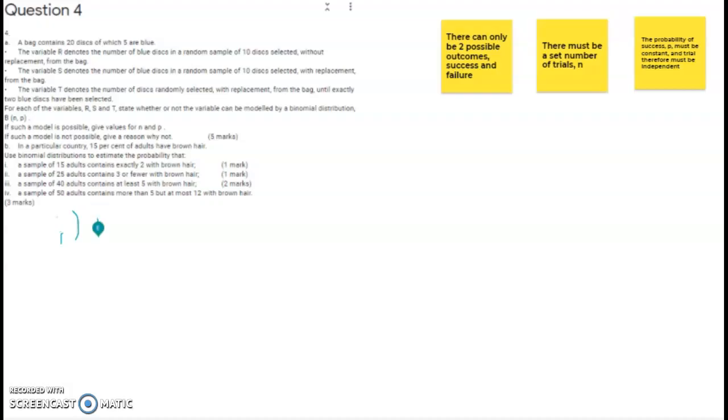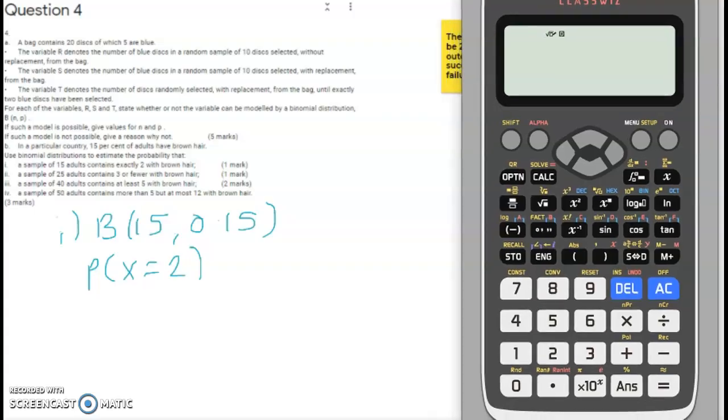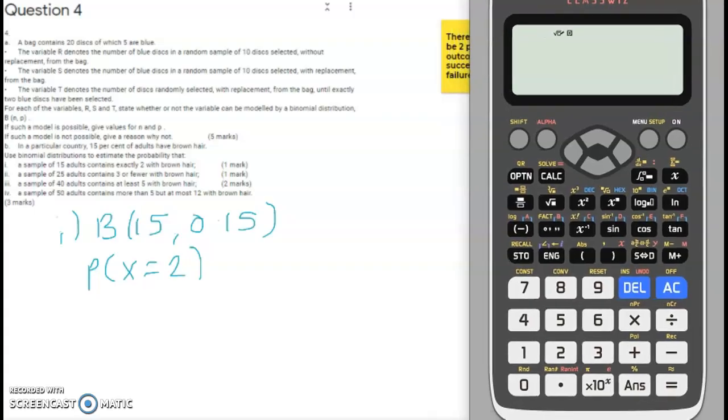So I have a binomial distribution of 15 adults. Brown hair, we know the probability is 0.15, and we're being asked for exactly 2 people with brown hair. So in this case, we can either use our calculator or we can use the binomial formula. Because it wants exactly 2, it's a precise distribution.